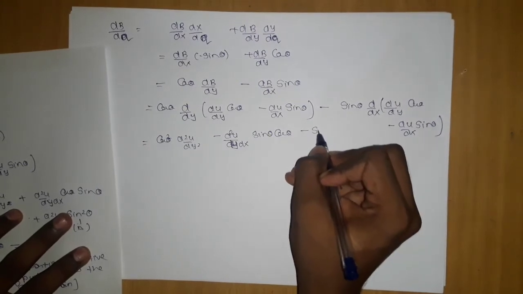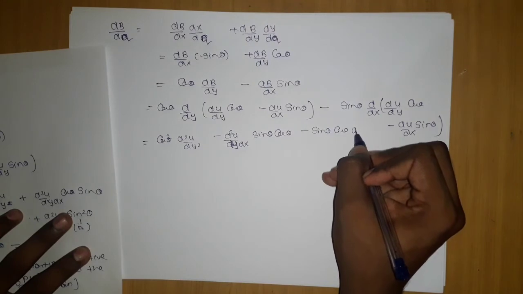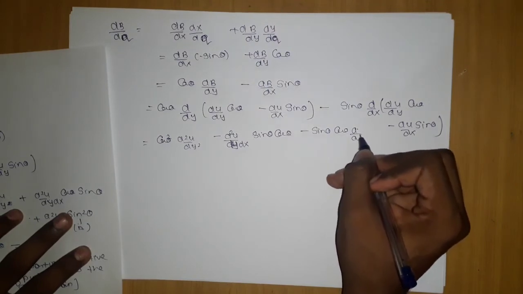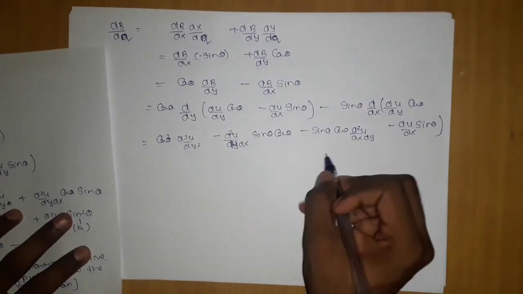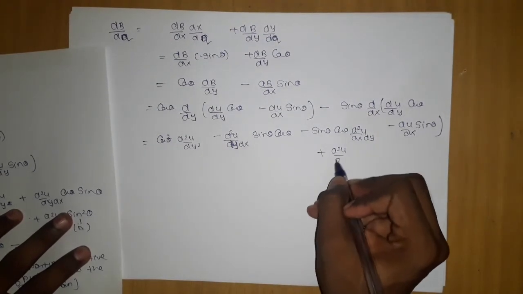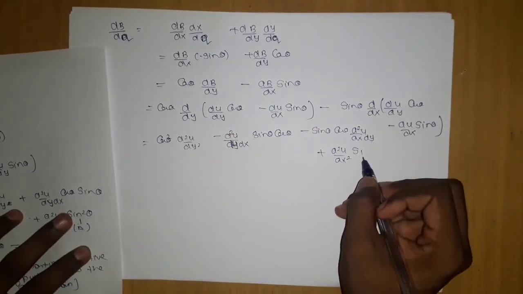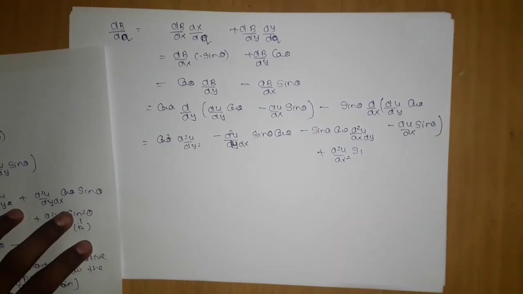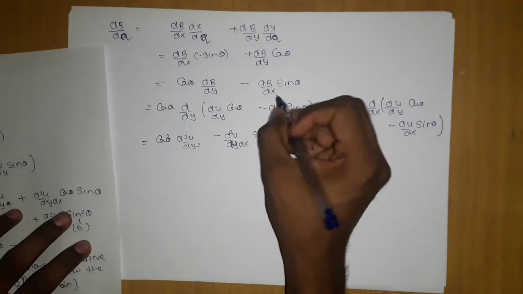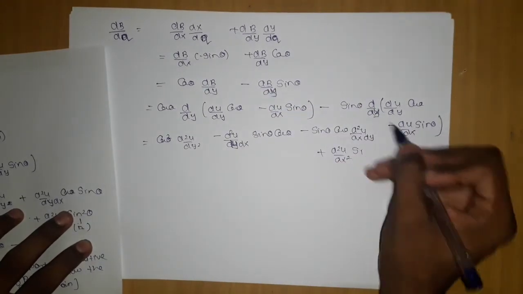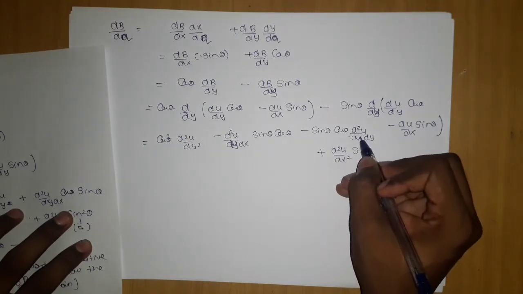Similarly here it will be sin theta into cos theta minus that also, dou square u by dou x dou y, and lastly it will be plus dou square u by dou x square sin square theta. Outside it was dou b by dou y. Here it will be dou b by dou y, sorry, it will be dou b by dou x, sin theta cos theta dou x square.